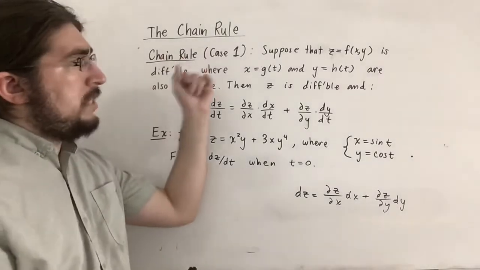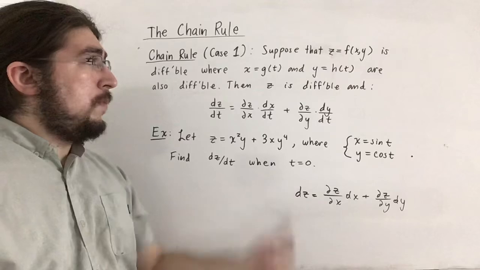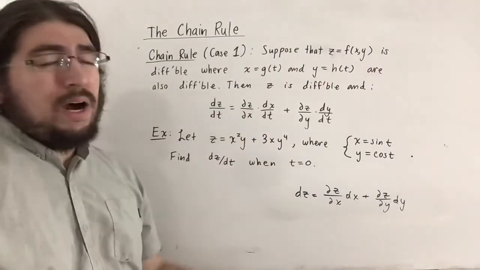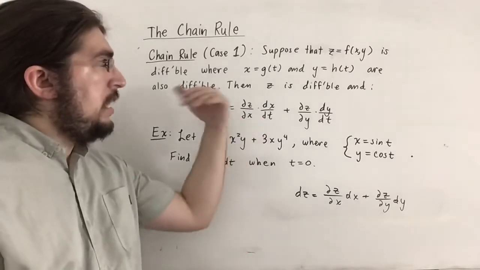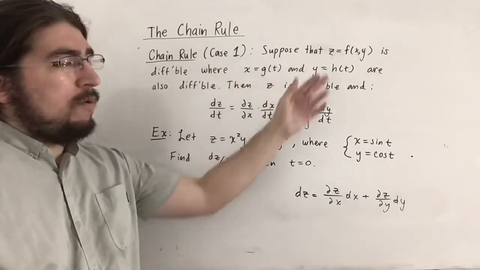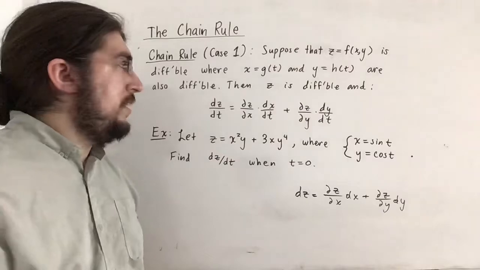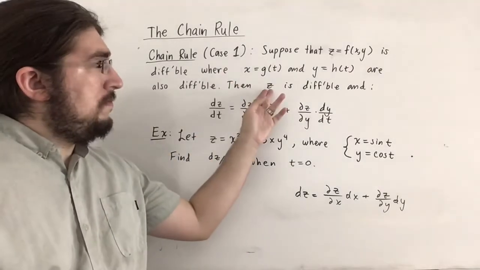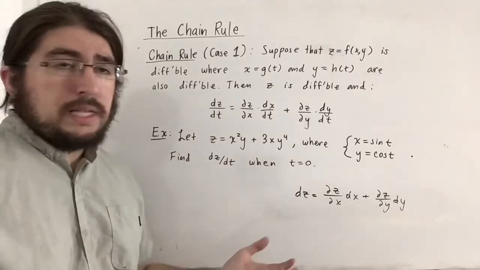So the chain rule, case 1, says suppose z is equal to f of x comma y, a function of two variables that's differentiable, where x and y are each their own function of t. Let's call the one for x g and the one for y h, notice f is already taken. And they're also differentiable, let's say. Then z is also differentiable as a result.